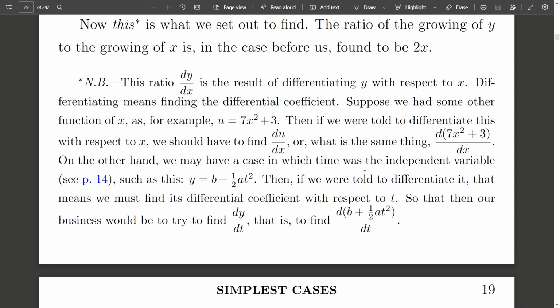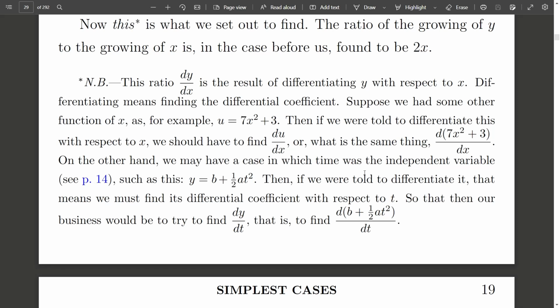Suppose we had some other function of x, as for example u is equal to 7x squared plus 3. Then, if we were told to differentiate this with respect to x, we should have to find du by dx, or what is the same thing, d(7x squared plus 3) over dx.